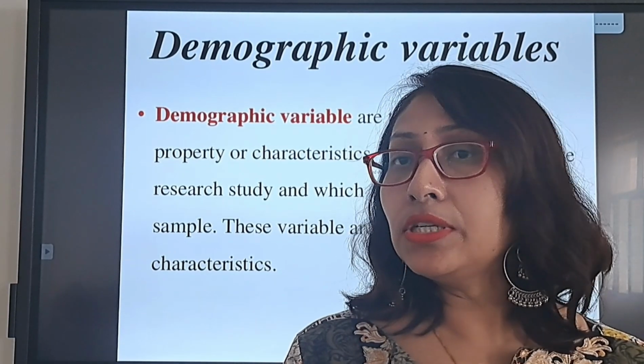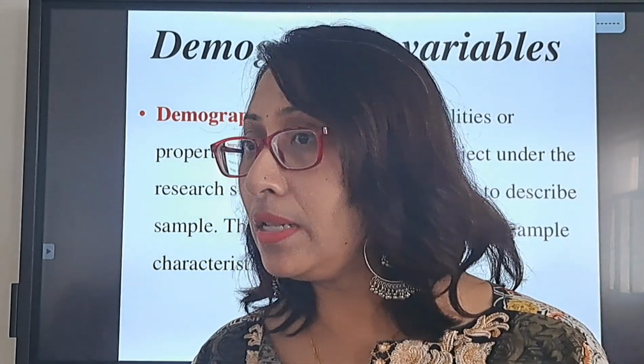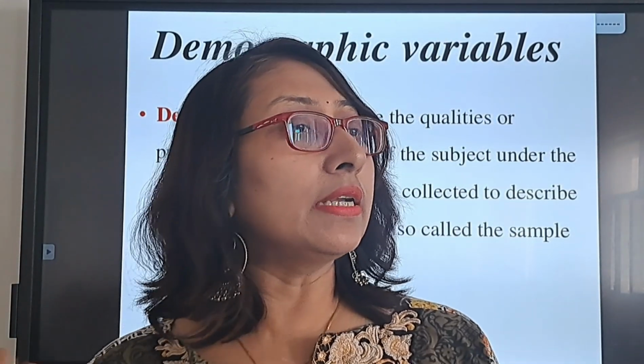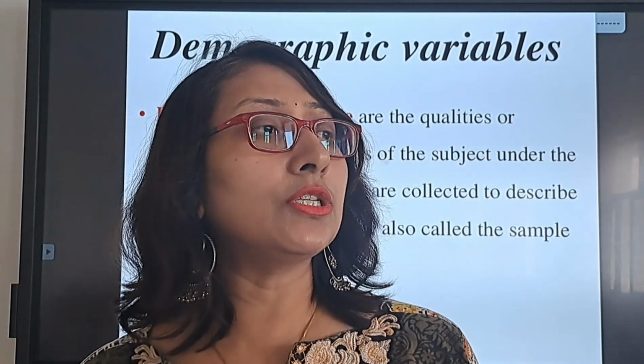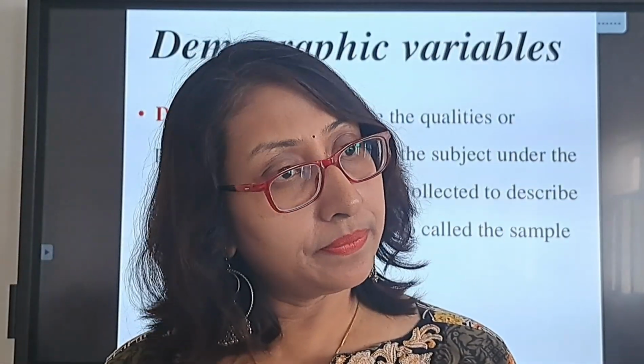Before giving the intervention, along with the pretest score, what is the association with the demographic variable? After giving the intervention and conducting the post-test, what is the association between the post-test and the demographic variables?